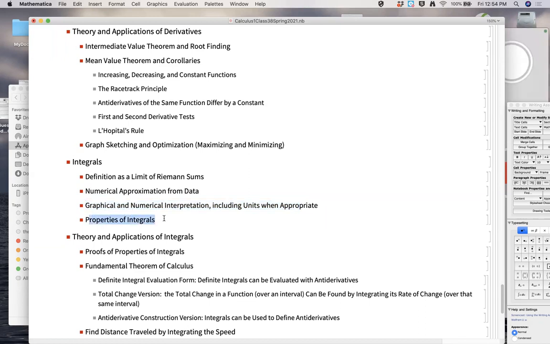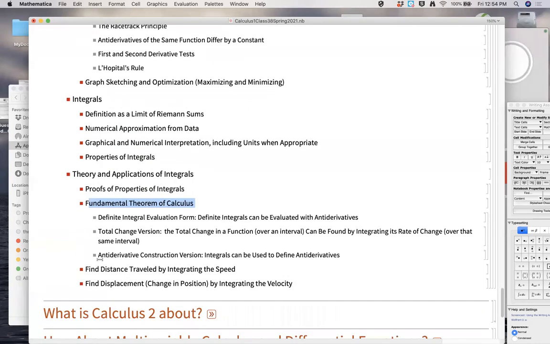That's linearity. And most prominently, the fundamental theorem of calculus. Okay? Mostly we focused on how to understand them, how to use them. We didn't really focus on the proofs. To fully do proofs of these things, that would be a real analysis topic. And we talked about applications like finding distance traveled by integrating the speed and finding displacement by integrating the velocity, for example. And we also talked about probability.